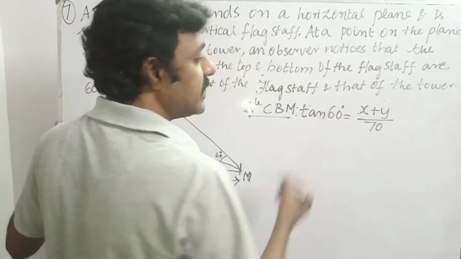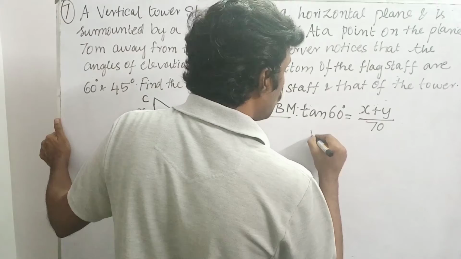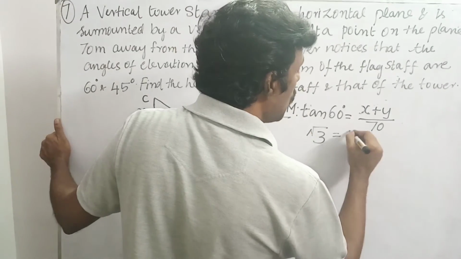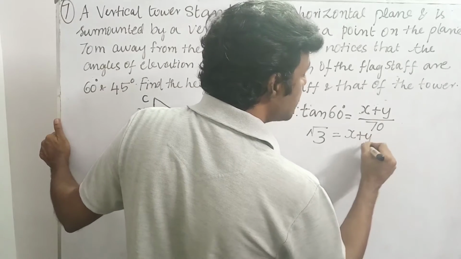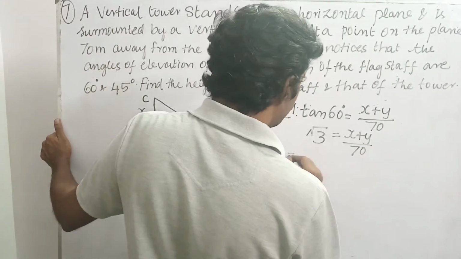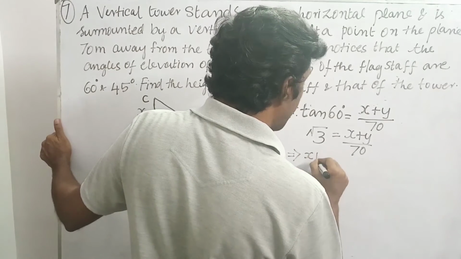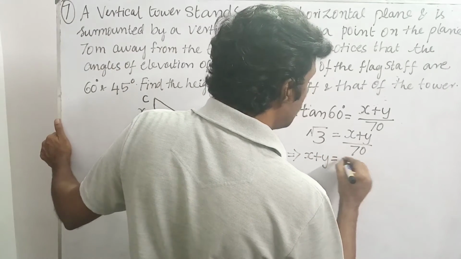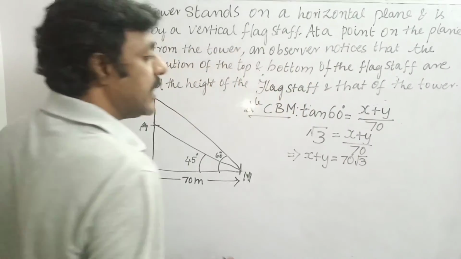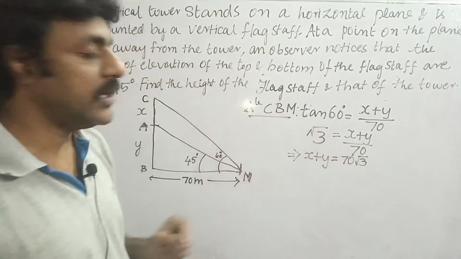We know that tan 60 degree is nothing but root 3. Root 3 is equal to x plus y divided by 70, which implies x plus y is equal to 70 into root 3.